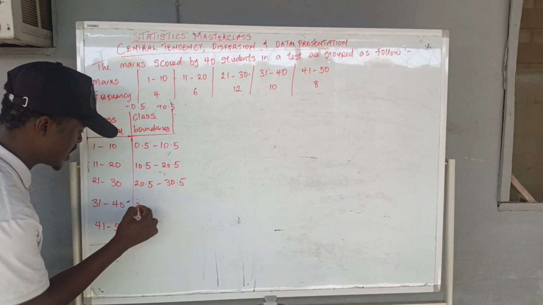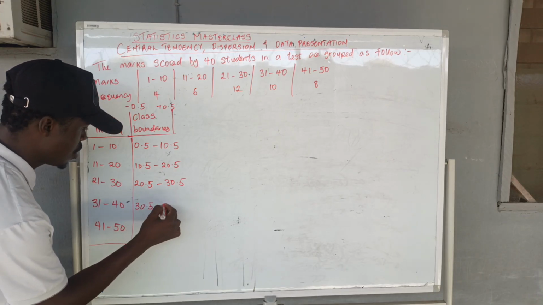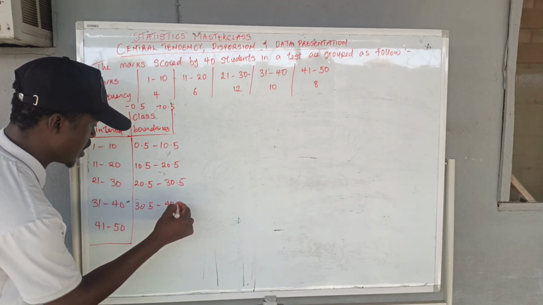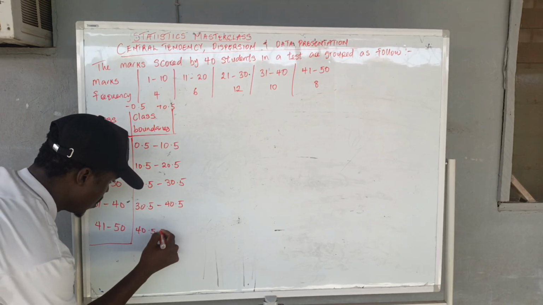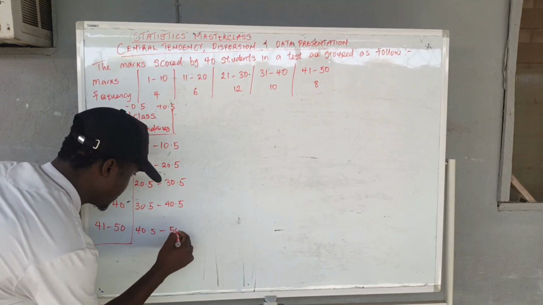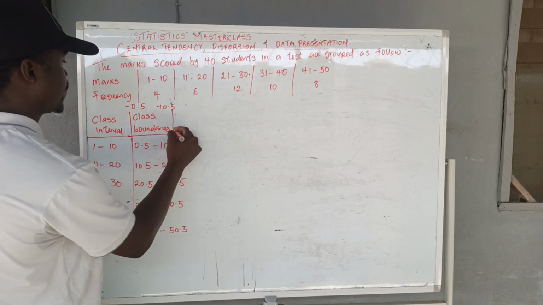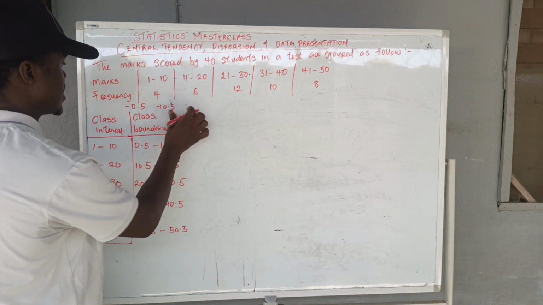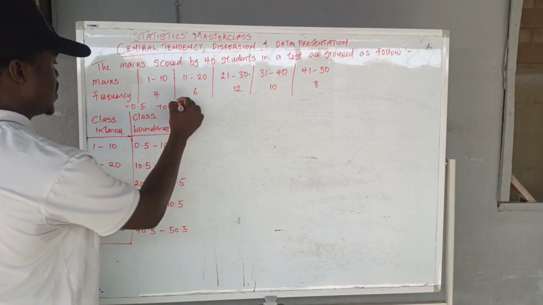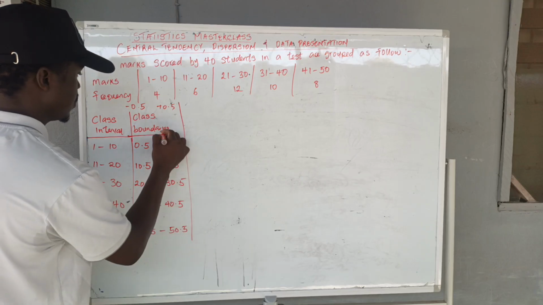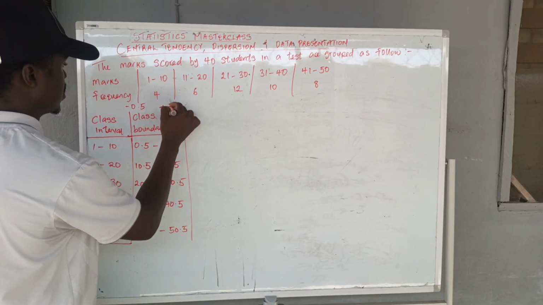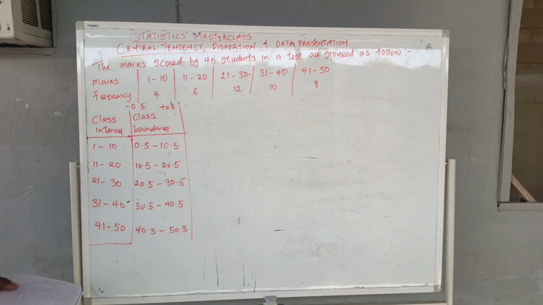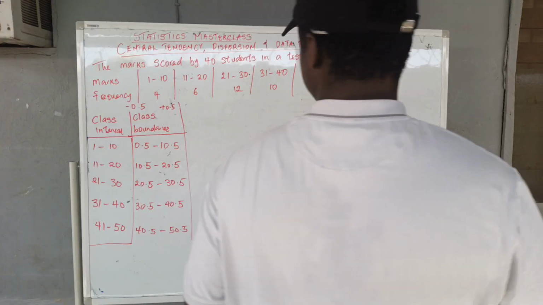The next one becomes 30.5 up until 40.5, and the next one becomes 40.5 up until 50.5. So now we have our class boundary.